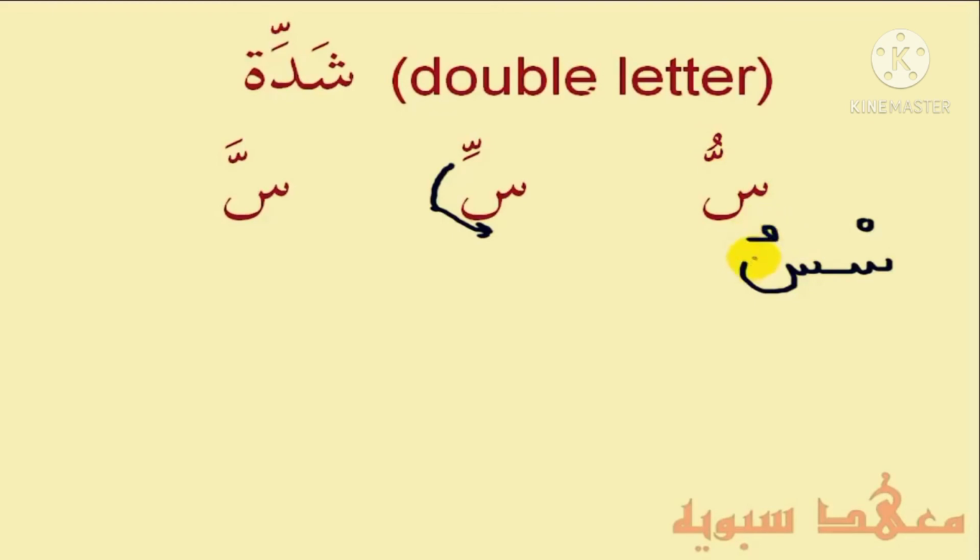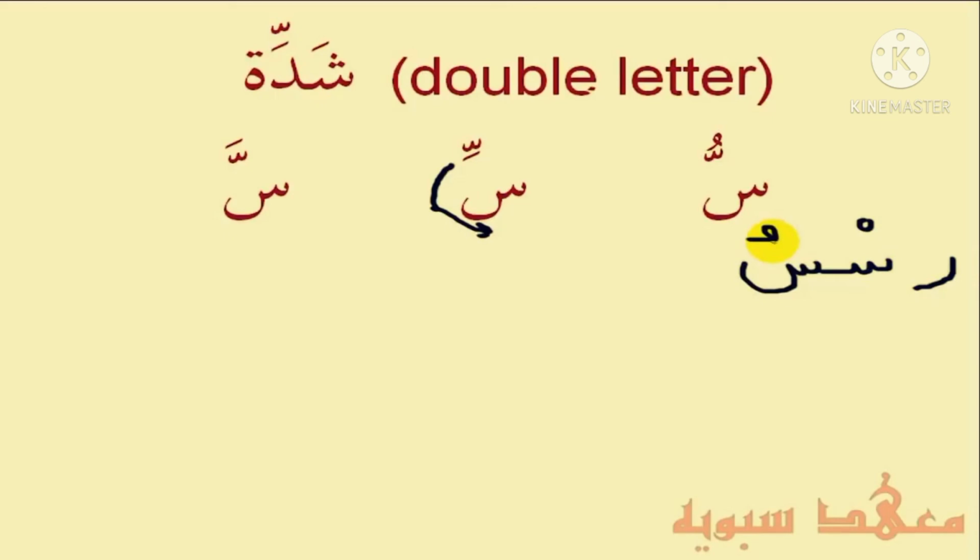Now let's put a letter before it, because we know that a word cannot start with a sukun. You can't have a letter with a sukun starting off a word. So let's put the ra, for example.